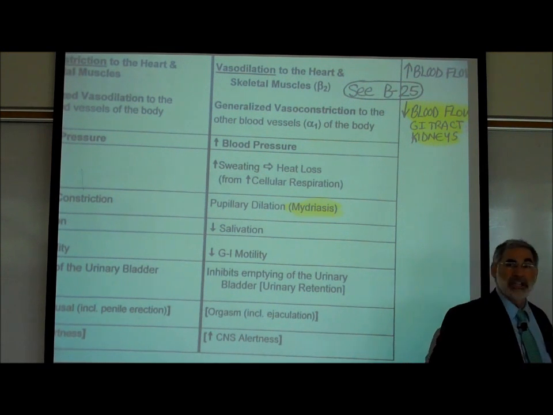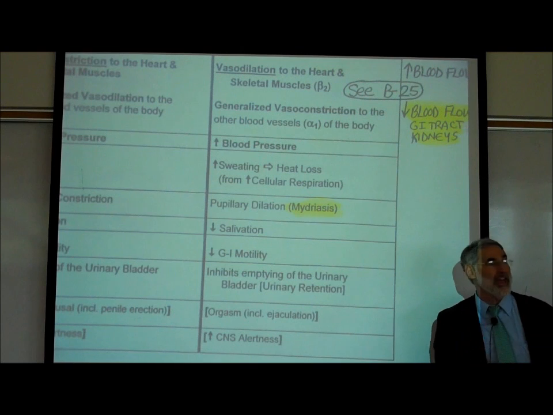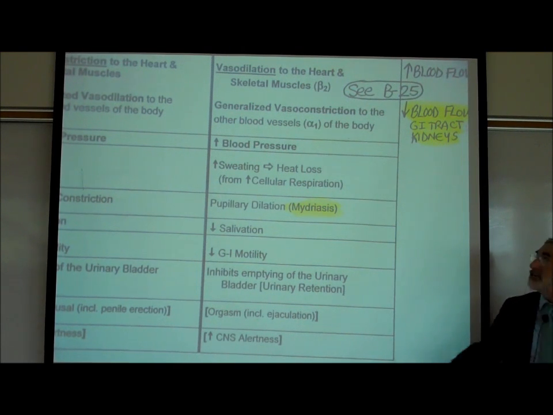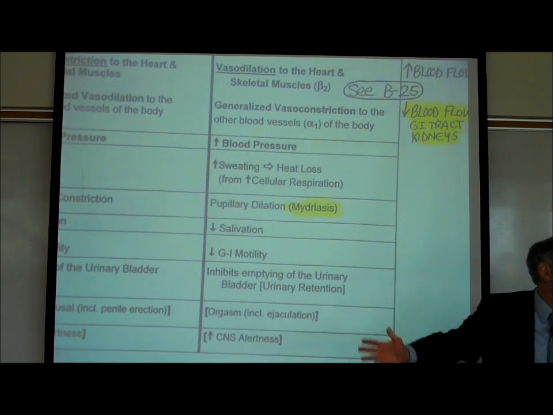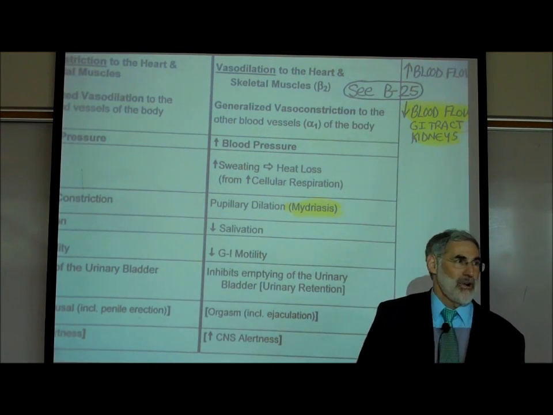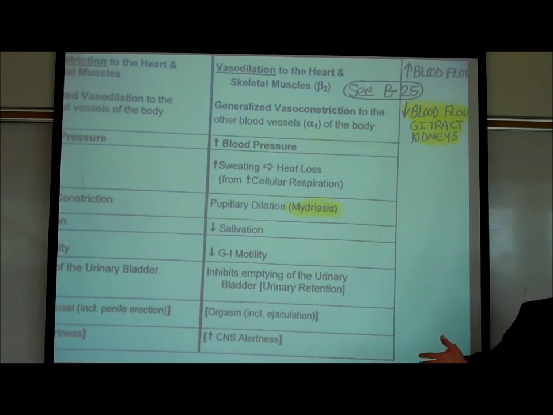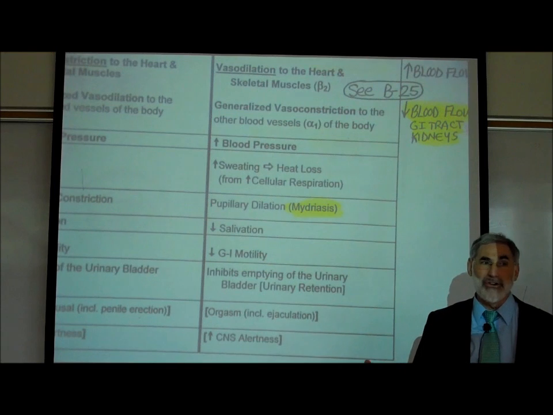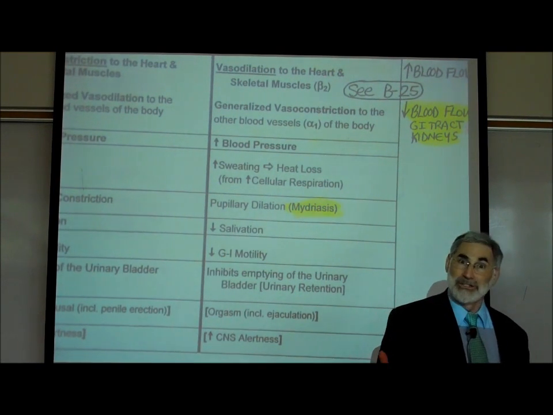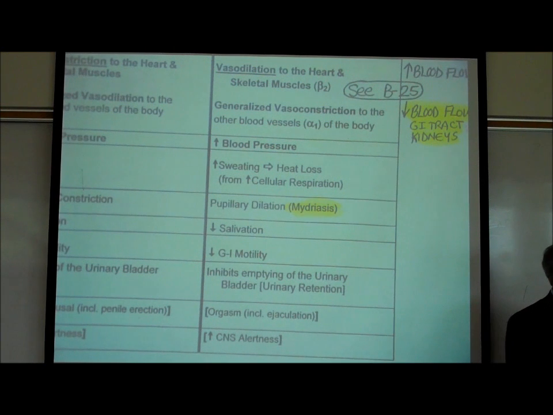We don't want to risk dying from overheating because of all that heat produced in cellular respiration, so we have to continue to cool ourselves off. This is why when you're stressed, you sweat. Certainly when you're exercising, that's stress, you're sweating. But also, if I really frightened you, you'd break out in a sweat. So this is just what happens.